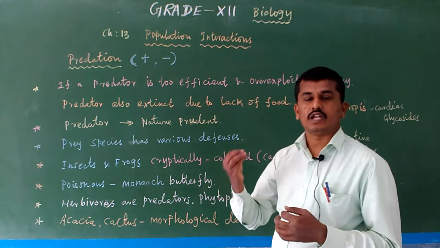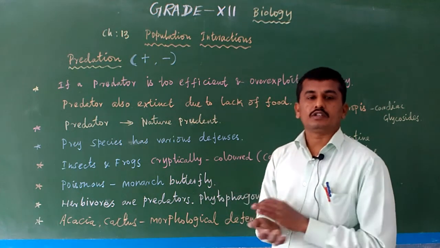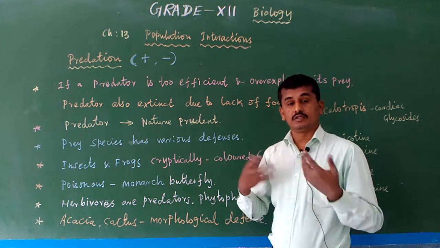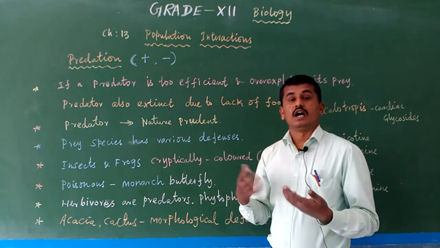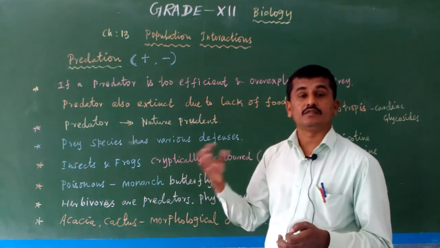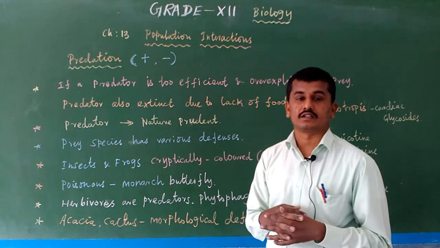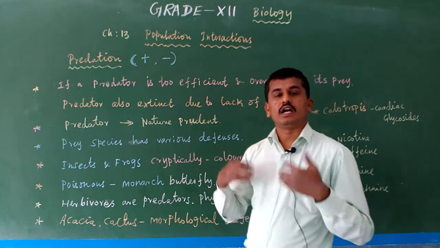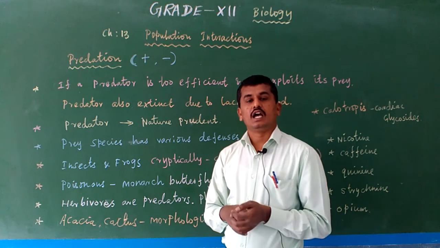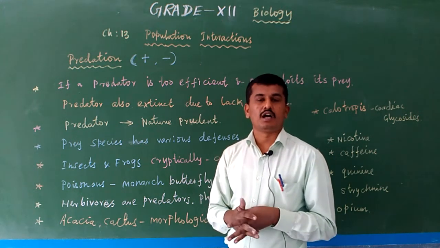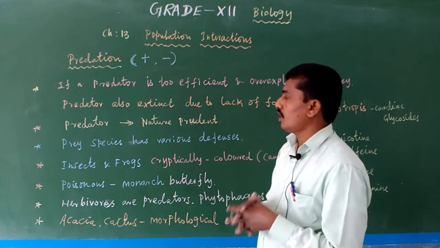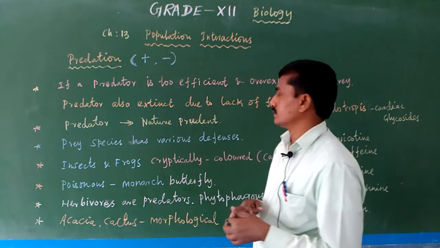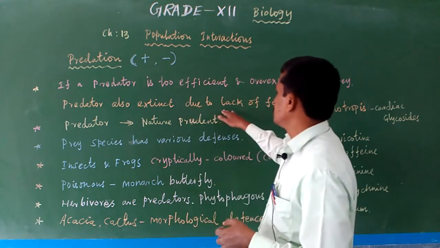So the predator is normally stronger than the prey species, but prey species also evolve mechanisms, producing morphological, anatomical and chemical defenses to escape from the predator. This structural modification is an adaptation. How does the prey adapt? To prevent predation. The predator can also become extinct due to lack of food.